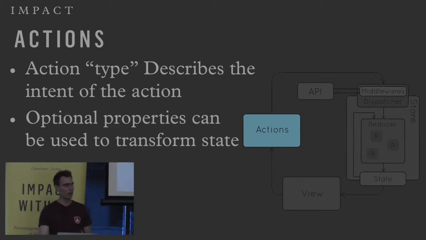Actually, the only required property on an action is the type, and the type is what describes the intent of the action. Optional properties can be used to include, for instance, a product in your action to append to a basket state or something like that.